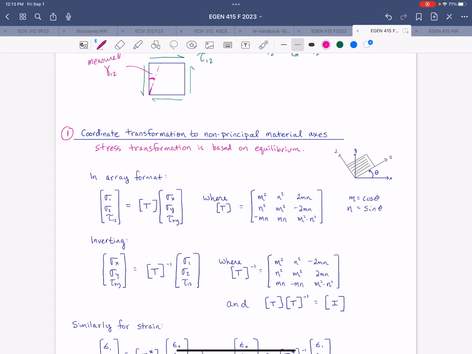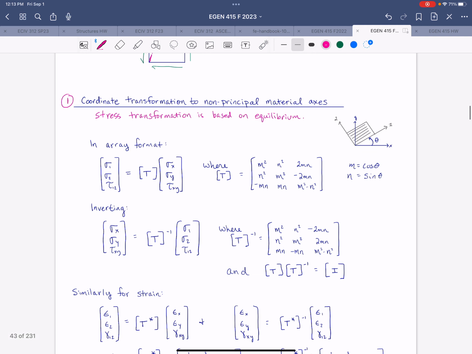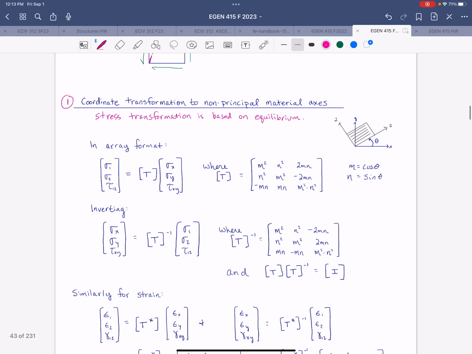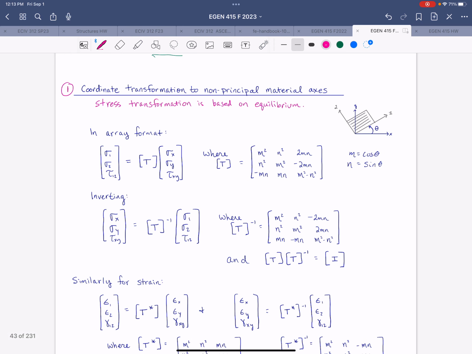You may have seen that derivation in mechanics of materials, probably in lecture, and then maybe never did it in practice, but that's where it comes from. As a reminder, it's based on equilibrium. And another note, we'll consider the angle theta to be positive counterclockwise from the x-axis to the 1 direction.